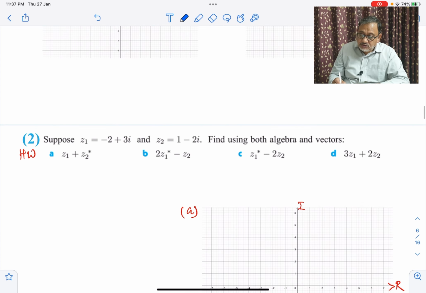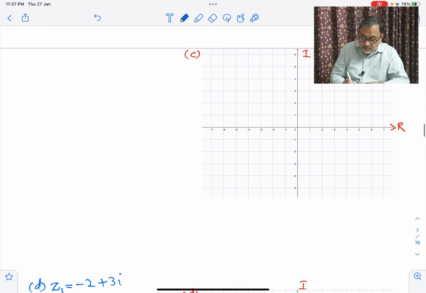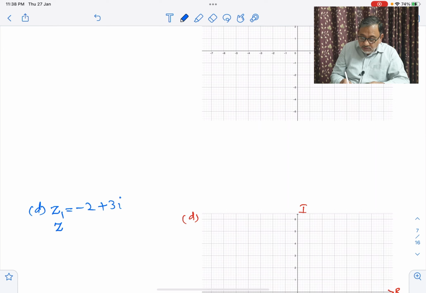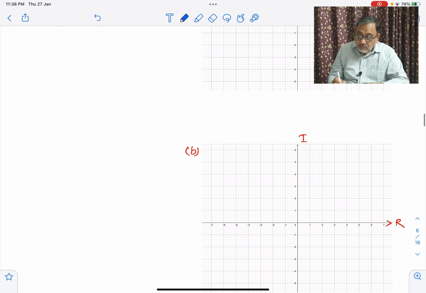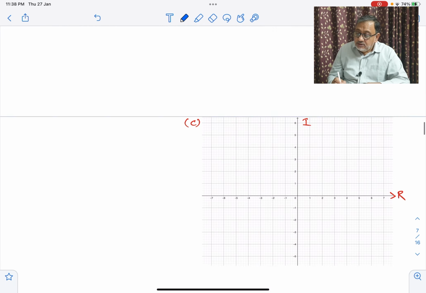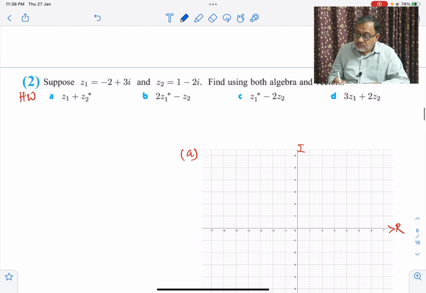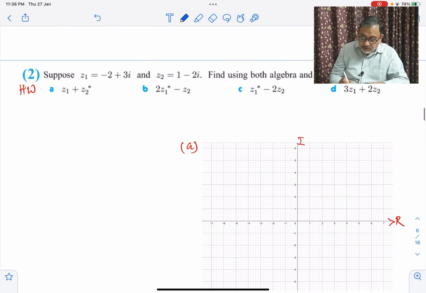And Z2 is 1 minus 2i. So look here, what I have to represent? 3Z1 plus 2Z2.